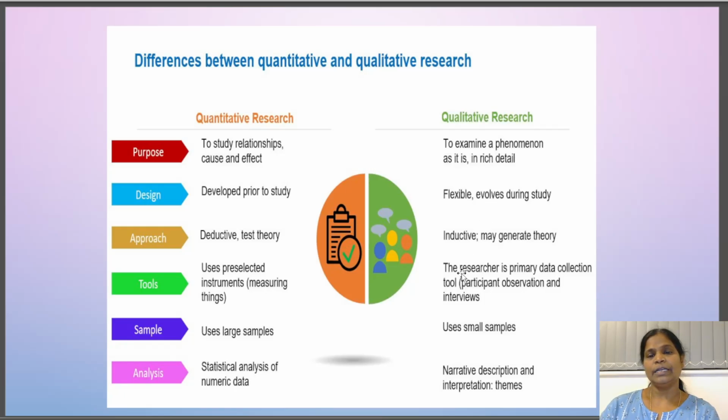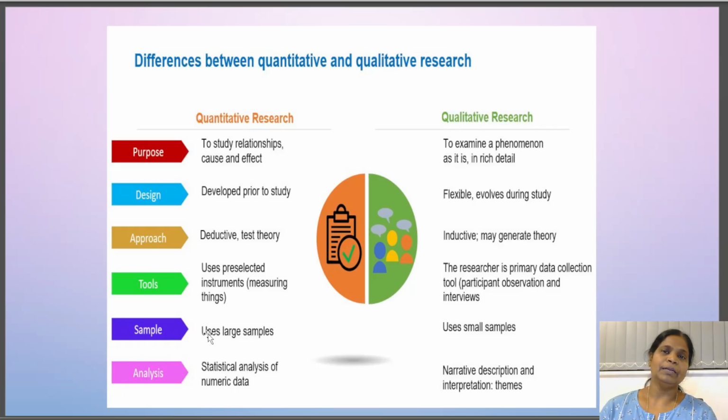And coming to qualitative tools, the researcher is the primary data collection tool because he is going to participate in observation or interview. Participant observation and interviews.